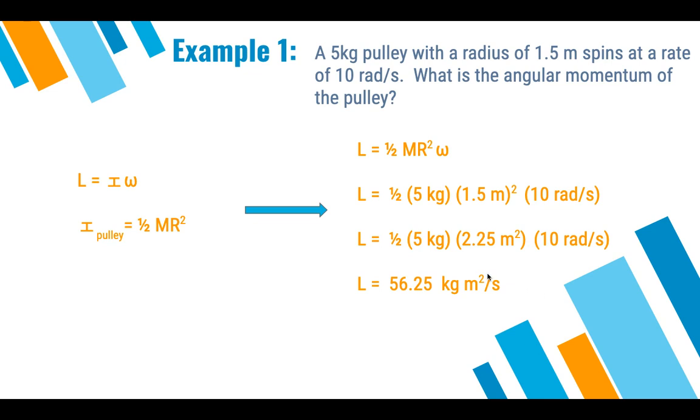That contains one more meter in the dimensional analysis of the units compared to linear momentum. Linear momentum's units are kilogram meters per second. Angular momentum is kilogram meters squared over seconds, and that's because it's rotating about a radius.